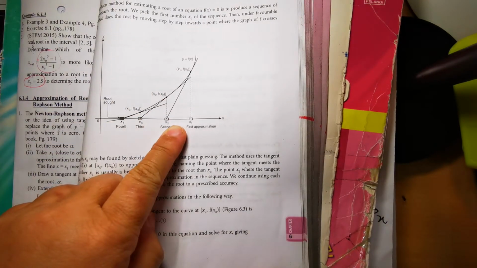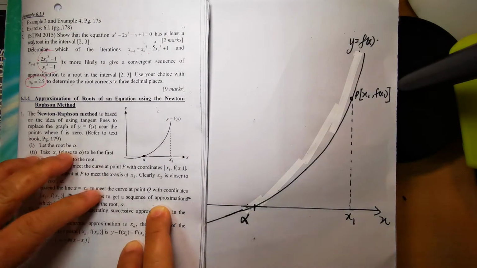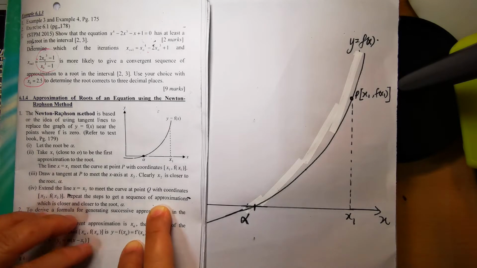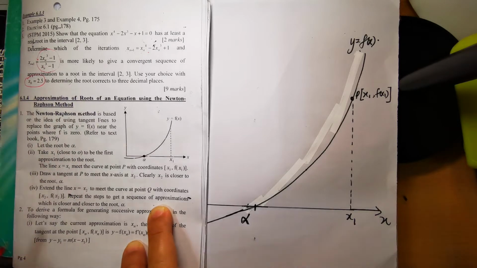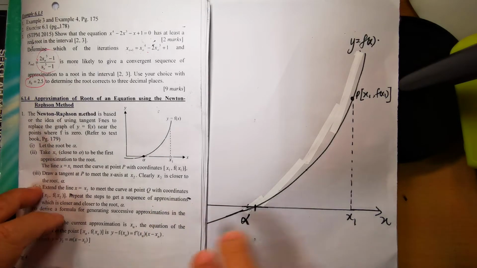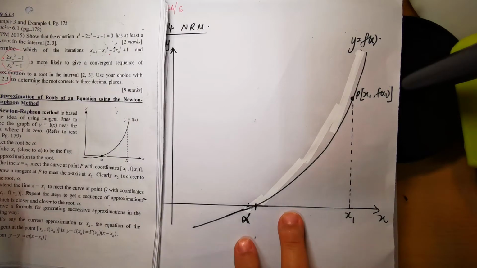Later we'll go into details how to get this diagram. To get the formula for finding the approximate roots using this method, we are going to use tangents. So let's refer to this diagram, and we are going to explain step by step.